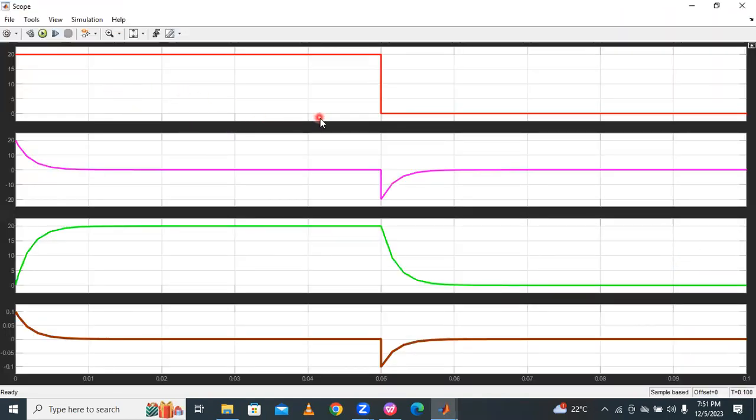From 0.05 onwards, this becomes 0. This is u of t minus u of t minus 0.05, so the pulse width is 0 to 0.05.